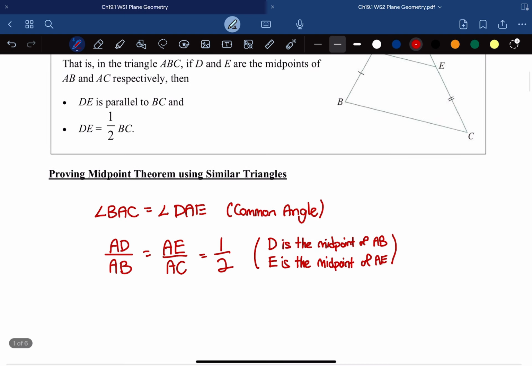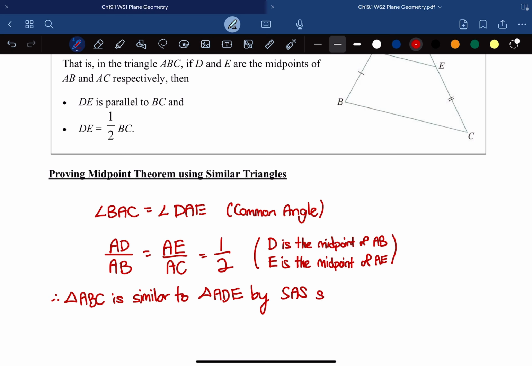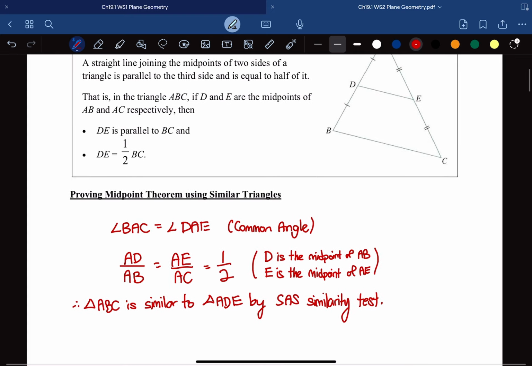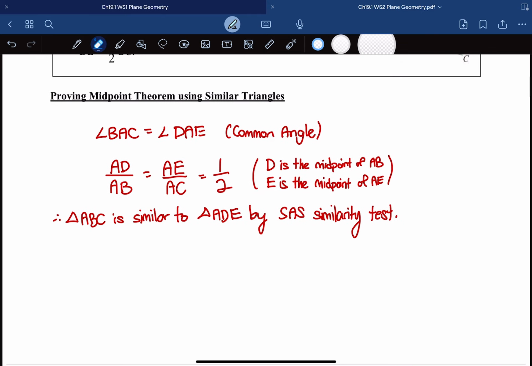Therefore, very simply, I can conclude that triangle ABC is similar to triangle ADE, and this is by the SAS similarity test. Once I've done this, I have proven that triangle ABC and triangle ADE are similar.